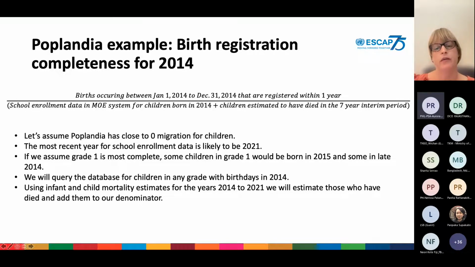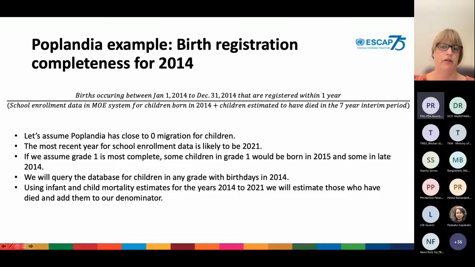We kind of talked about before, the most recent school enrollment year was 2021 that we would have data for. And so where maybe those in kindergarten aren't completely, it's not compulsory, or they go to private school. So we'll look at grade 1, and that puts us back, you know, 6 or 7 years or whatever it is to 2014.